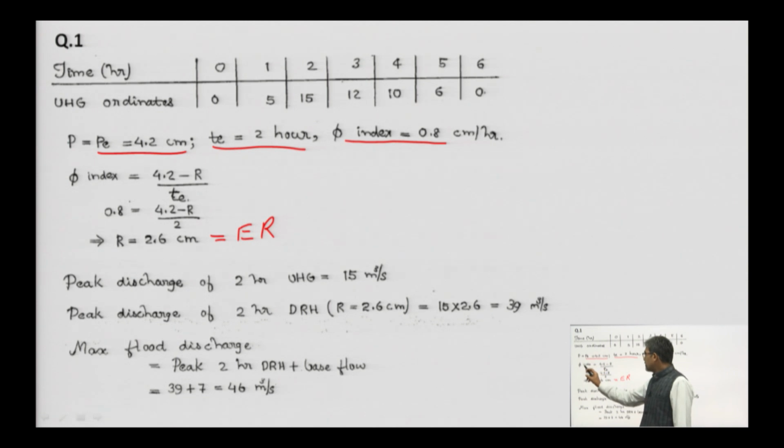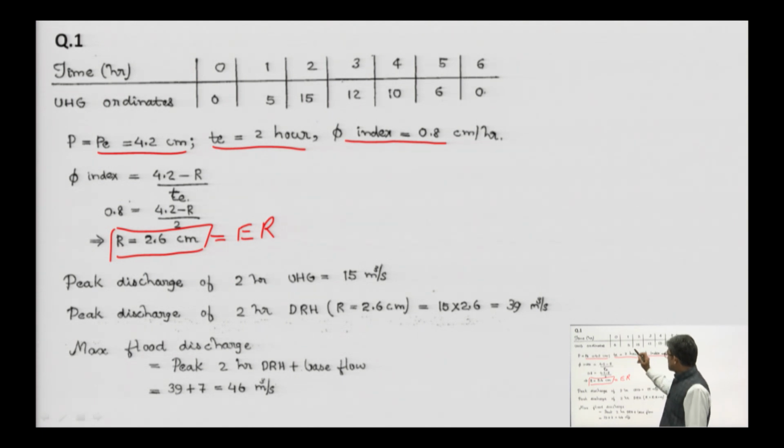Simply apply phi index is equal to P effective minus R, where R is runoff, divided by T effective. P effective is given as 4.2, R we want to calculate, phi is known to us, therefore R has been calculated as 2.6 centimeter for this given storm.